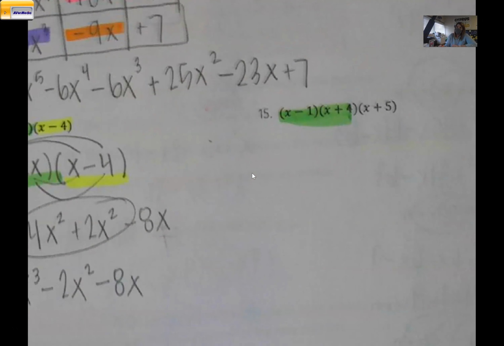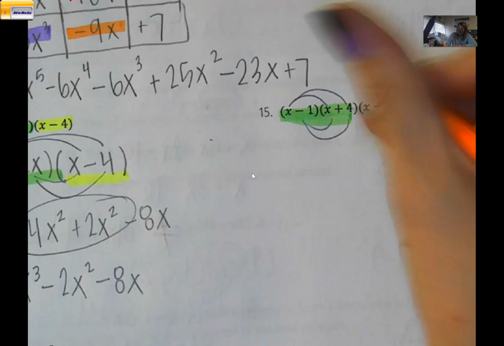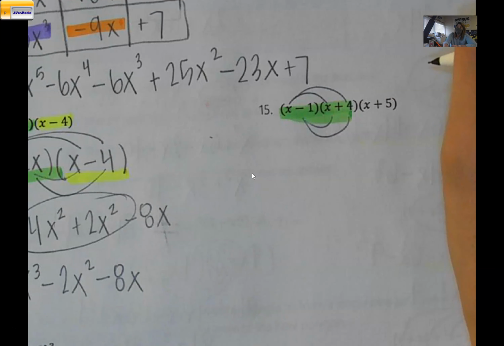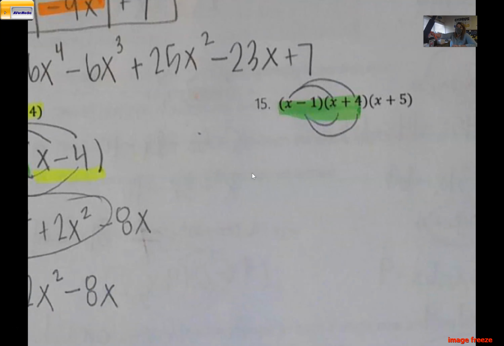So you guys double distribute what I have highlighted in green and write that answer on your whiteboard. Give you about 40.